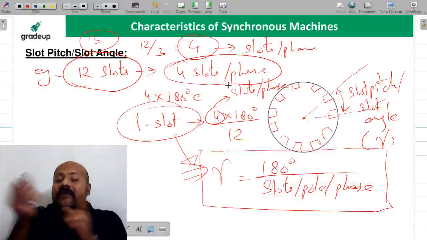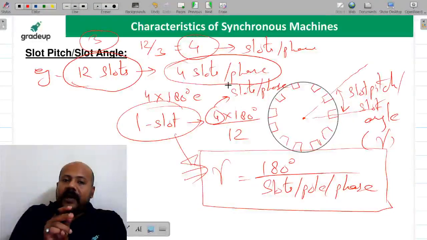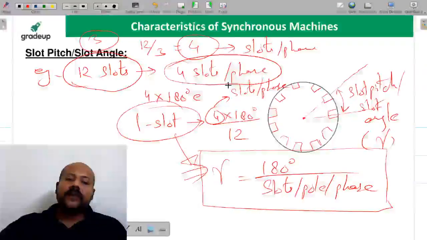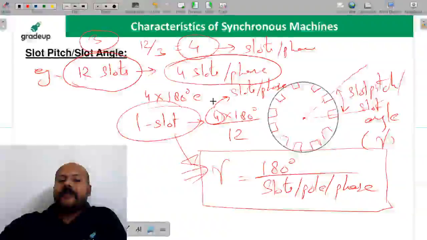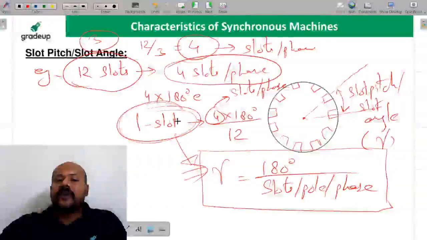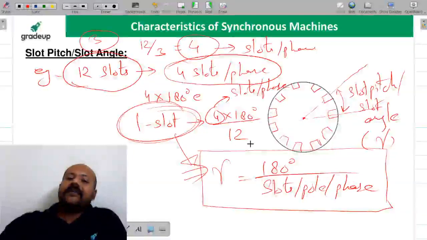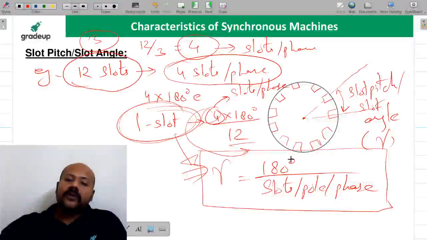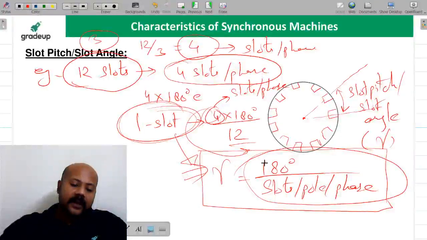Now for every pole you have 180 degrees electrical, so it is going to be 4 into 180 degrees. For one slot it is going to be 4 into 180 degrees divided by 12. And if you keep this 4 here, it is going to be 180 degrees divided by slots per pole per phase. Is it clear to all of you?